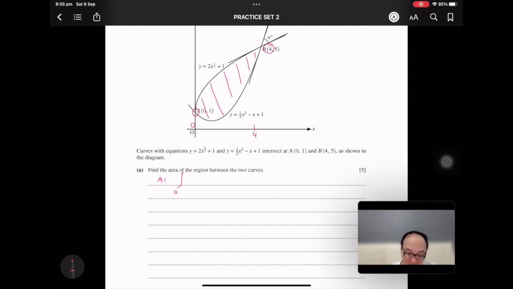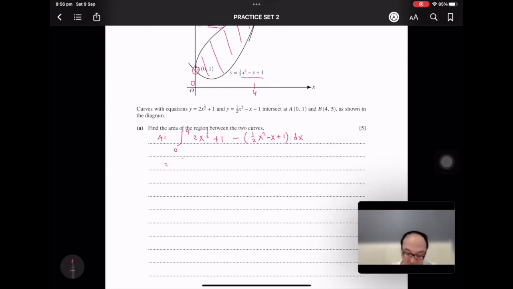So 0 until 4. The first equation, 2x to the half plus 1, minus the second equation, half x squared minus x plus 1 dx.